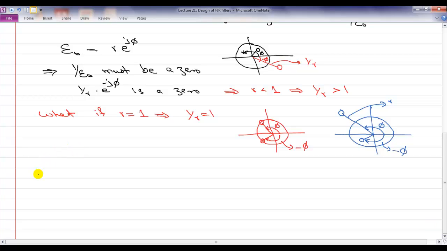Now in the case of FIR filters that have real coefficients, we can actually impose more conditions on how the zeros can look.